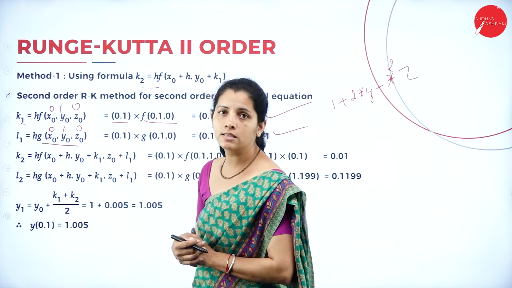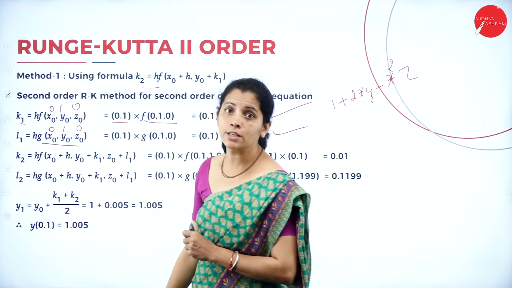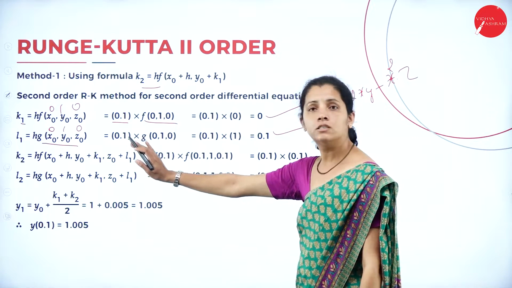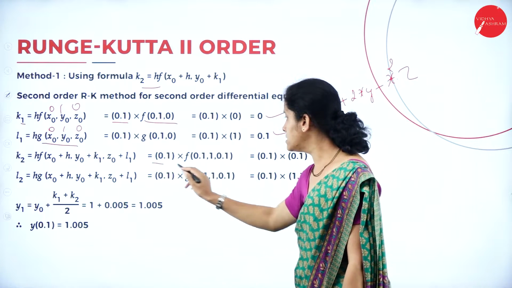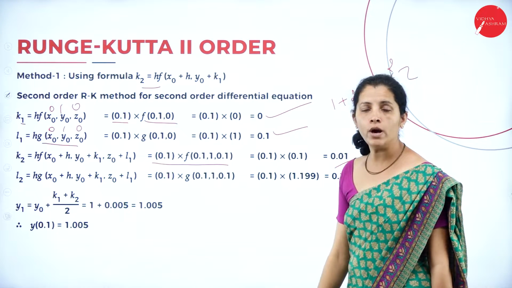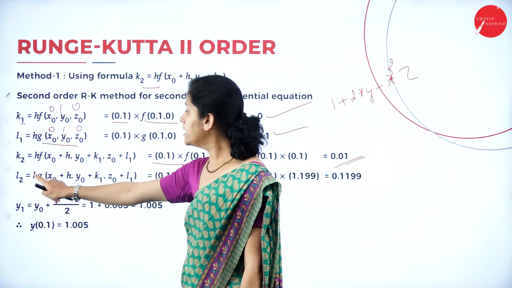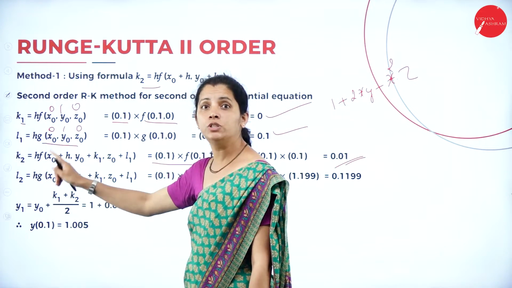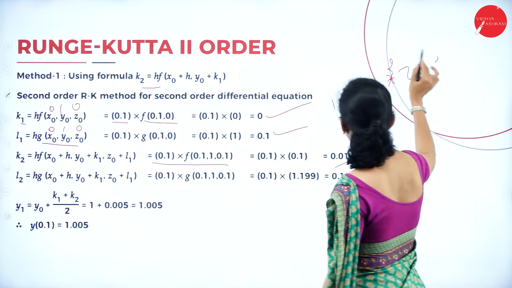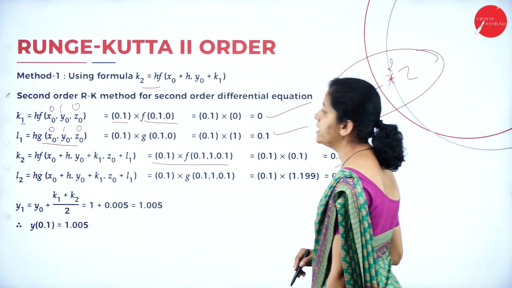Now I want to find K2. Here K2 is nothing but h f of x naught plus h, comma y naught plus k1 and z naught plus l1. When I substitute all the values, I'm going to get the answer 0.01. And L1 equals h into g, where g is the function 1 plus 2xy plus x square into z.